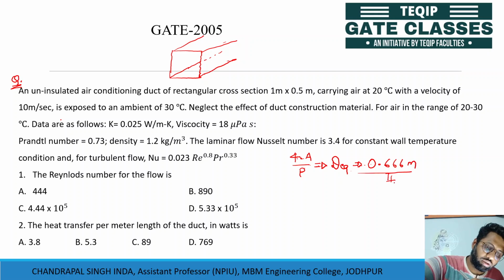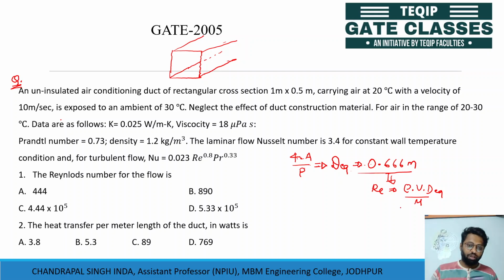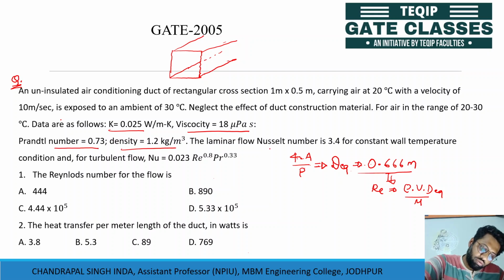Using the formula for the Reynolds number, rho v D equivalent by mu, we can find the Reynolds number. All the properties are given here: the thermal conductivity of the fluid, the viscosity, the Prandtl number, and the density. For laminar flow, the Nusselt number is 3.4 for the constant wall temperature.